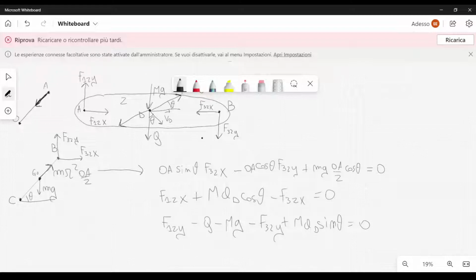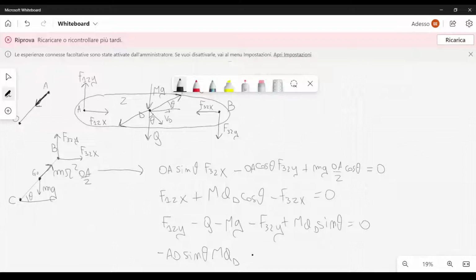And finally we can write down an equation still for this body, but we will calculate the moment with respect to A. The moments with respect to A, we can write minus AD sine theta mad.